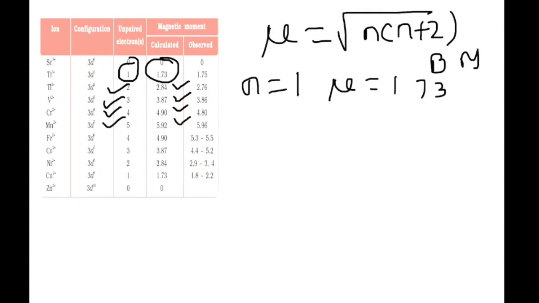So the magnetic moment increases from scandium 2 plus to manganese 2 plus, then decreases from manganese 2 plus to zinc 2 plus.